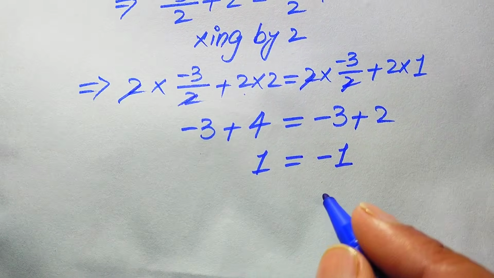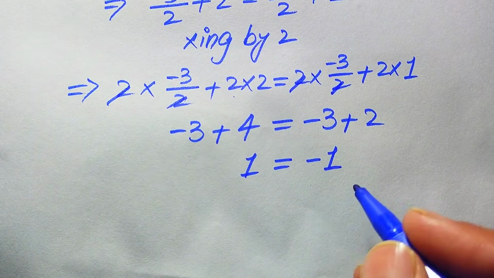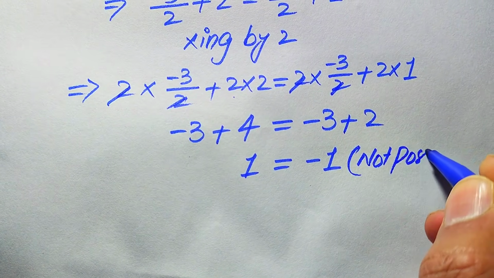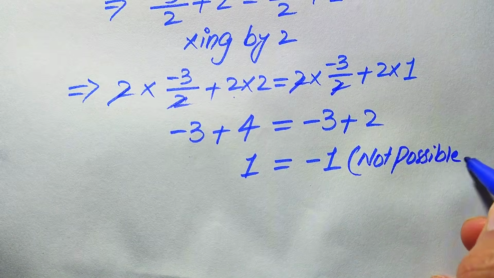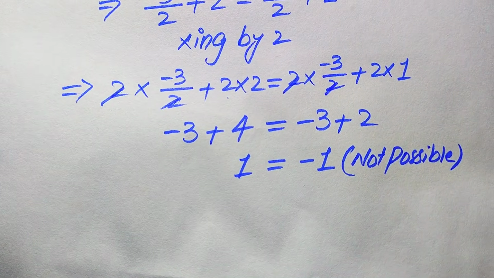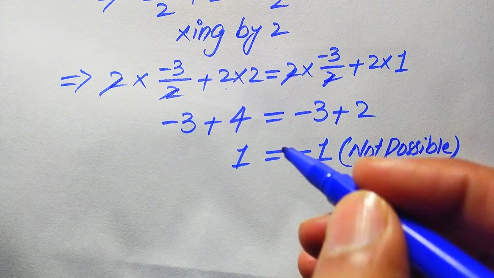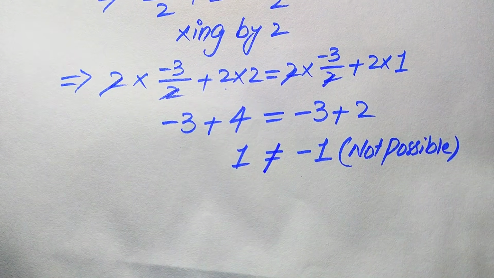You see that the left-hand side is plus 1 and the right-hand side is minus 1, and this is not possible. This means that the value c equals minus 3 over 2 does not satisfy our given question statement, because these are not equal.